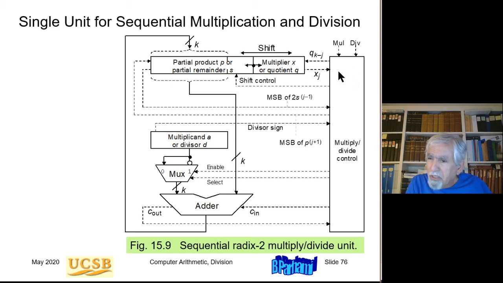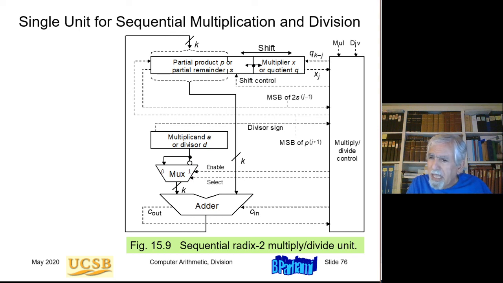If it has to multiply, it uses these components the way a multiplier works, including right shifts and so on, taking the multiplier bit and using it to decide what to do. And if it's told to divide, it uses the hardware according to divide iterations, computing the quotient digit, inputting it into that register, and so on.